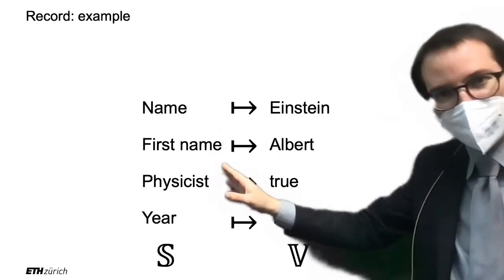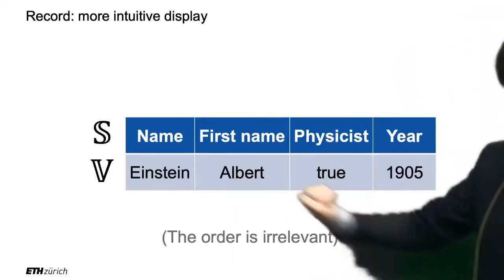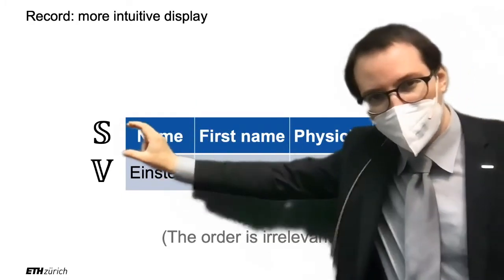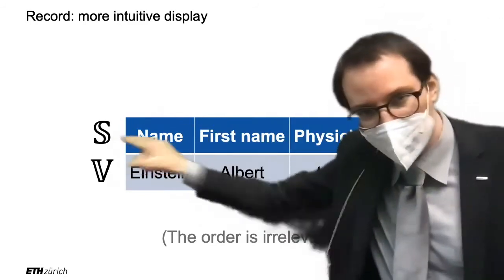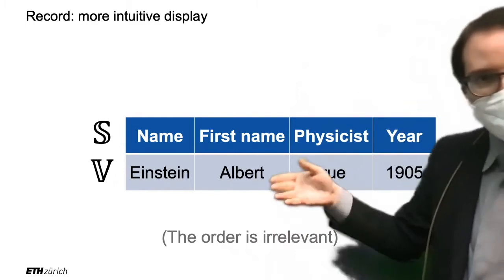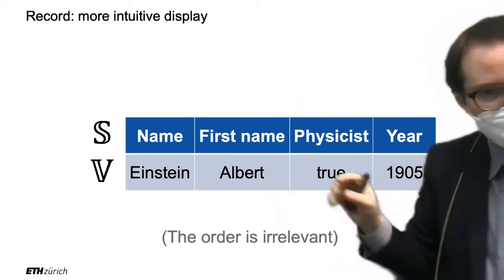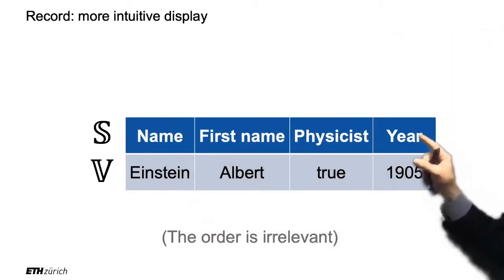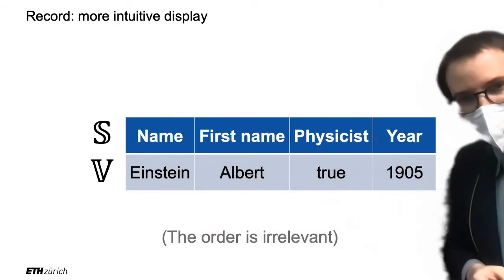It's 3 times the same thing. This is the same as this, but as a relational table, we prefer to view it that way, where we have here the headers, which are strings, and here the values, which belong to the set of values. So basically a record is 1 row, right? So this is just 1 row. This is my row, but I also put the names of the attributes here because we want to know what the values are.